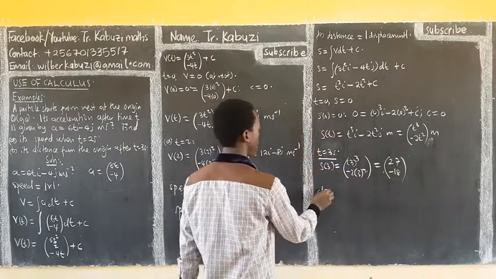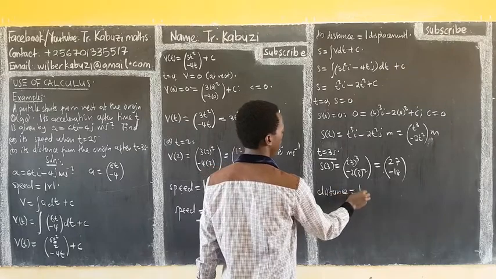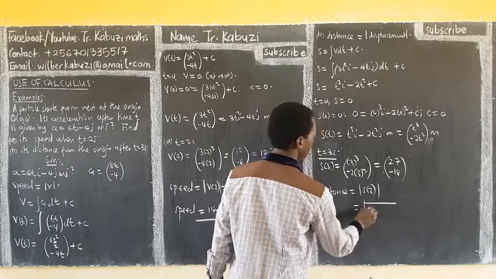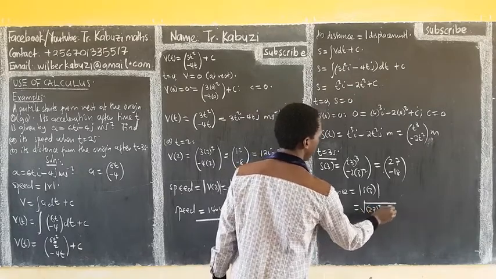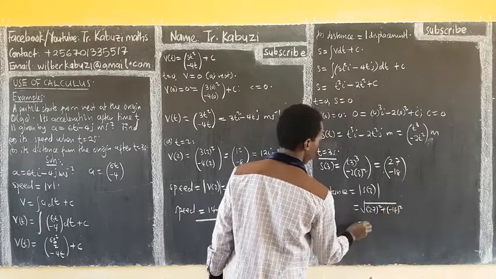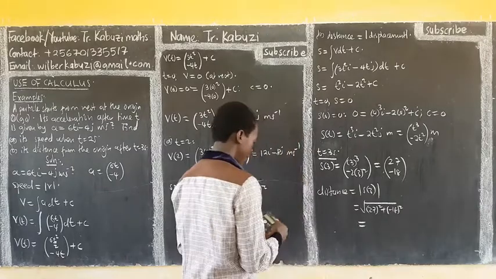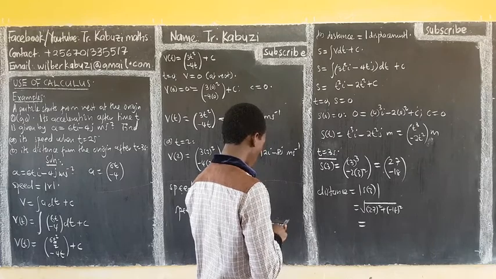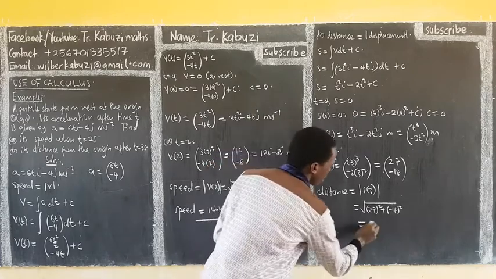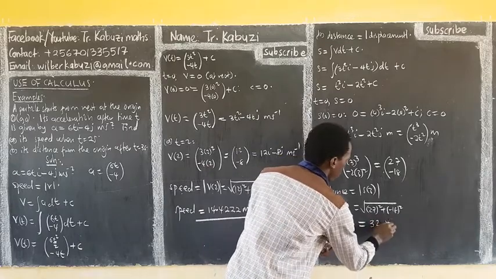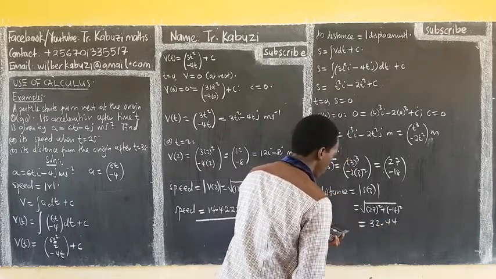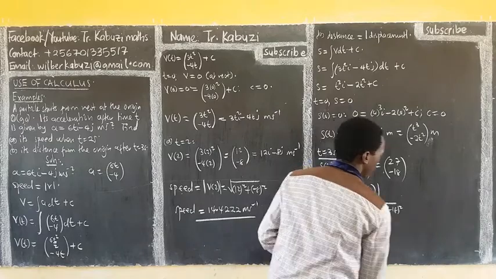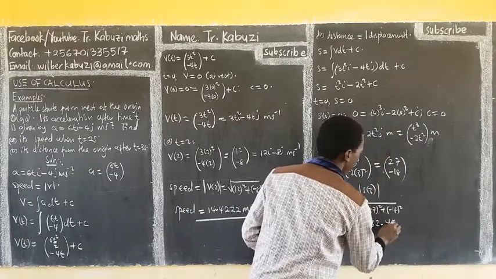So our distance is going to be the modulus of this, which is the square root of 27 squared plus negative 18 squared, which gives us 32.45 meters.